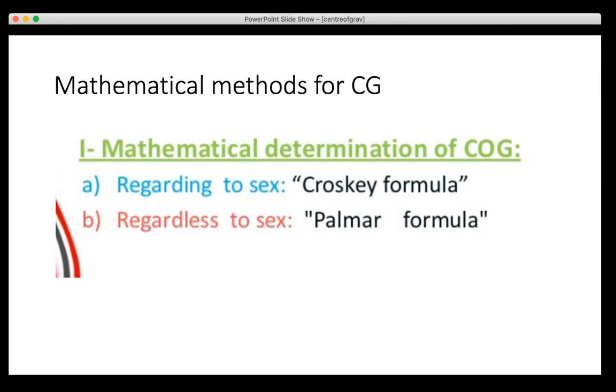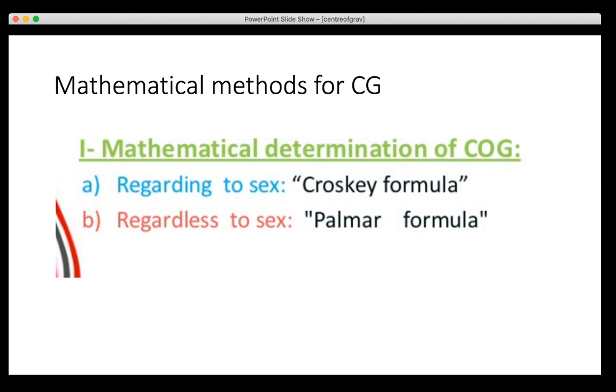The mathematical methods are based on generalized data which they have collected over a long time, and they have generalized some formulas for both males and females, and on the basis of that they have devised how we can calculate CG.